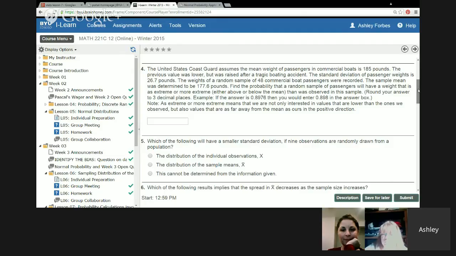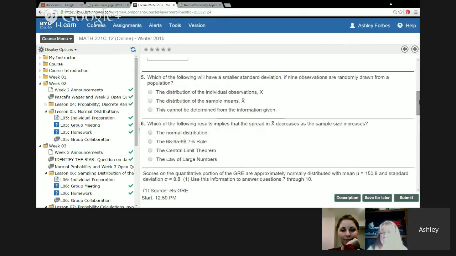Okay. Which of the following has a smaller standard deviation if 9 observations are randomly drawn from a population? The distribution of the individual observations, the distribution of the sample means, or this cannot be determined from the information above. So which is going to have a smaller deviation?